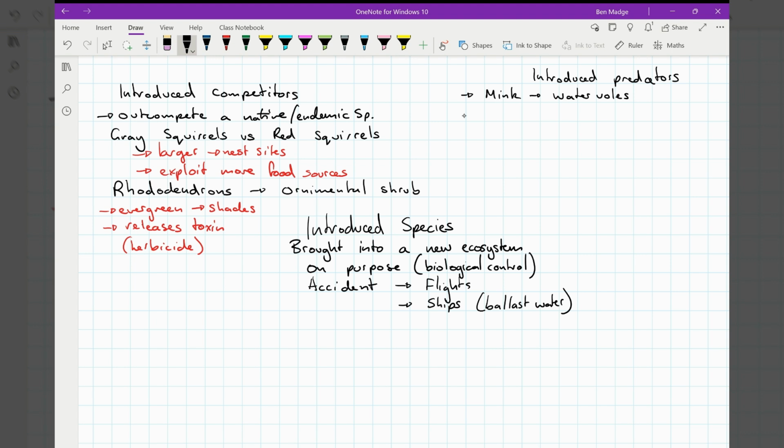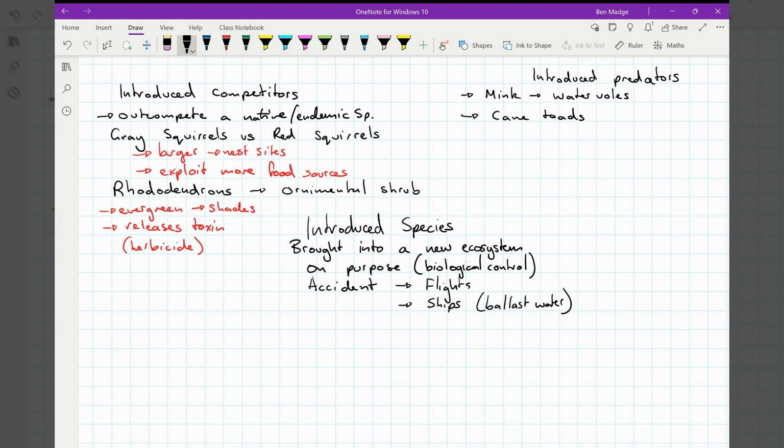You have cane toads, which were introduced as a biological control. So they were hoping that they would eat sugarcane beetles, and they introduced it from South America, which is a very competitive environment. So it has lots of adaptations to prevent things from eating it. So it's very toxic.